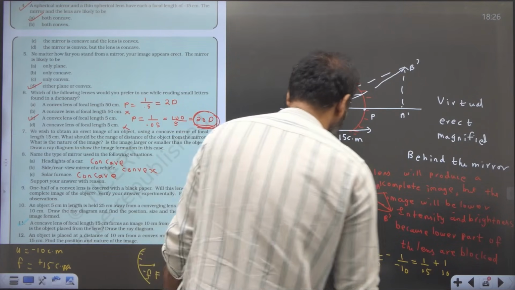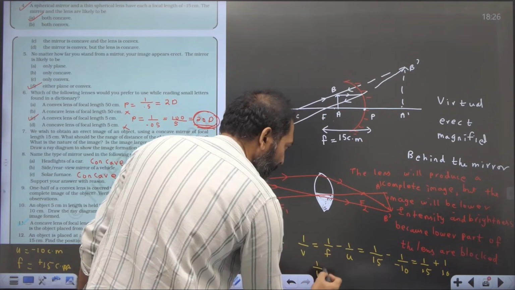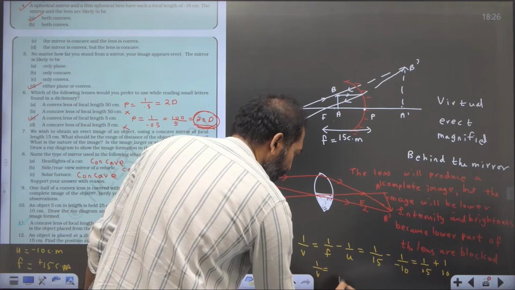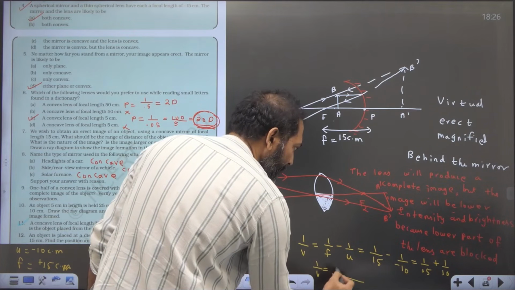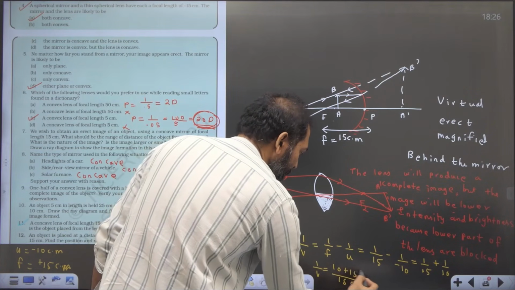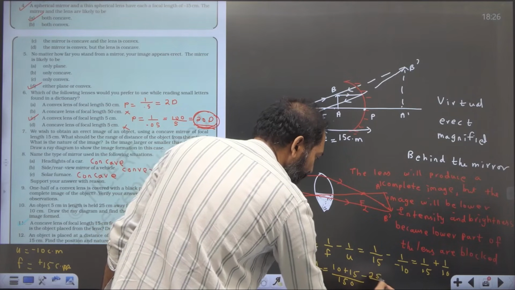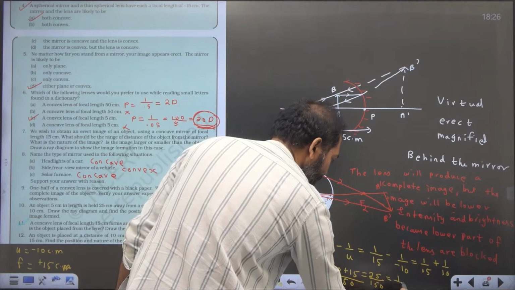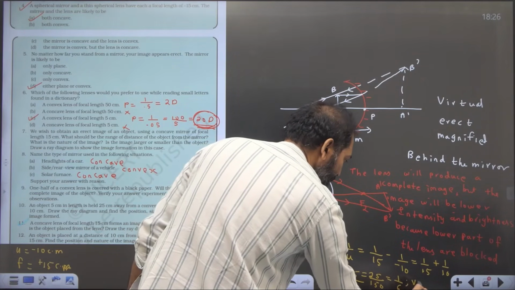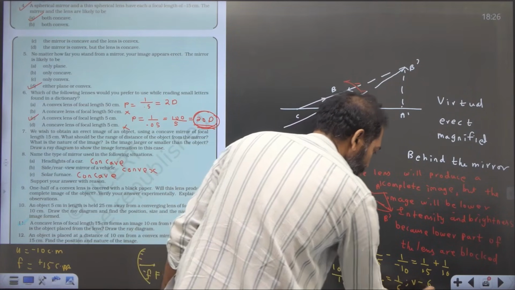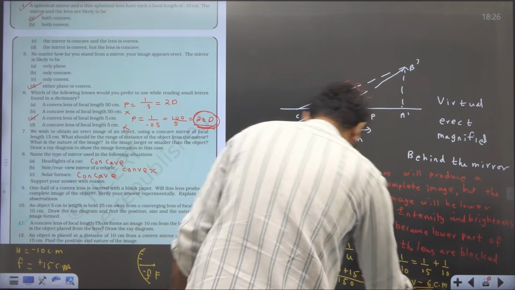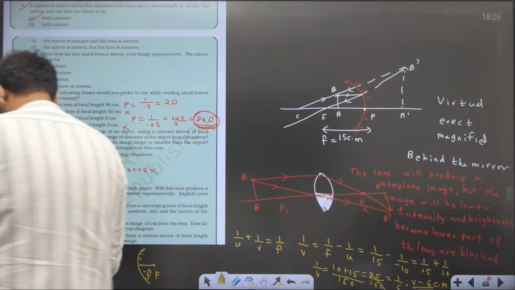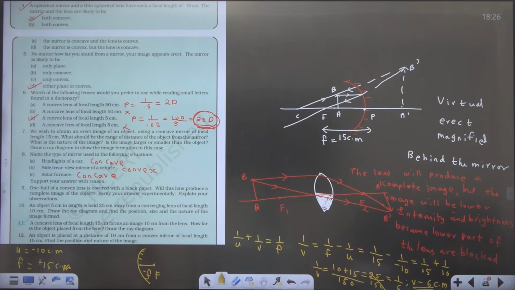So 1 by V is equal to, cross multiplying, 10 plus 15 over 150, that is 25 by 150. What is 25 by 150? 1 by 6. So the image distance is 6 centimeter.